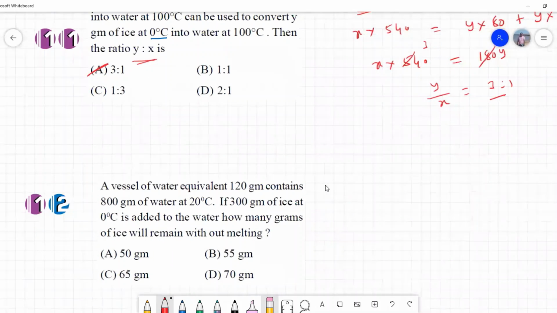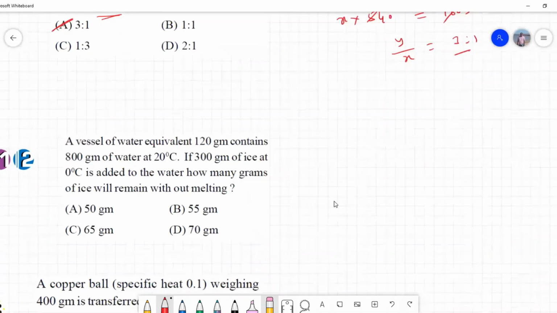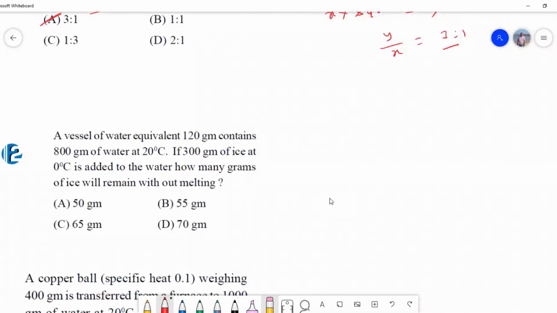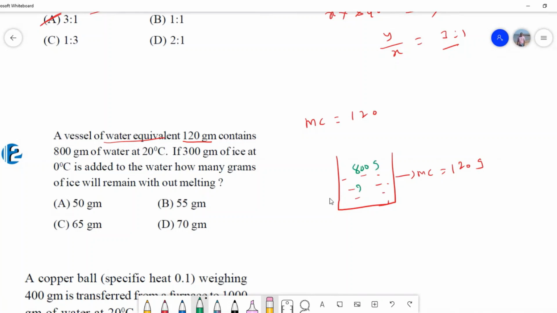Now let's move on to problem number 12. A vessel of water equivalent 120 grams. So water equivalent means mc. So the value of mc is given as 120. So let us draw a diagram. There is a vessel whose water equivalent is given as 120 grams. It contains how many grams of water? 800 grams of water, and whose initial temperature is 20.